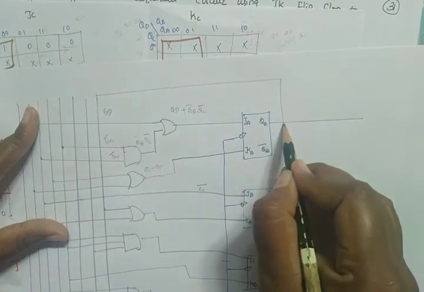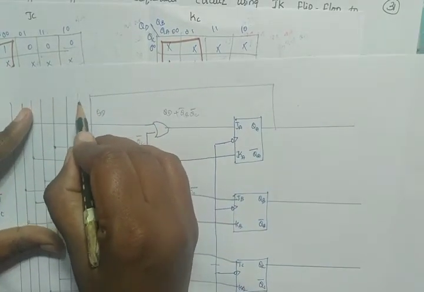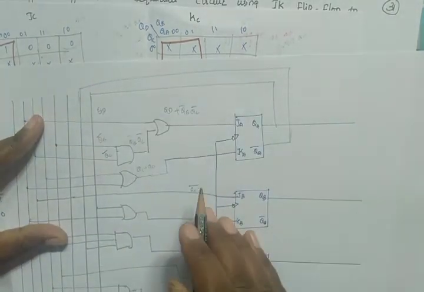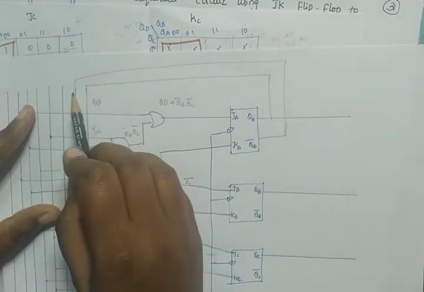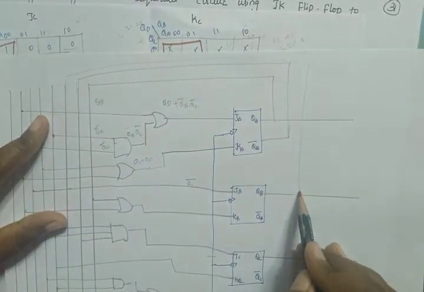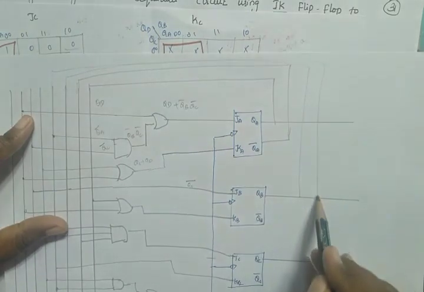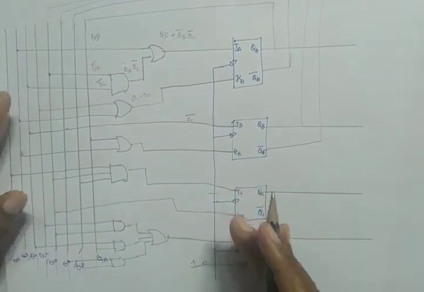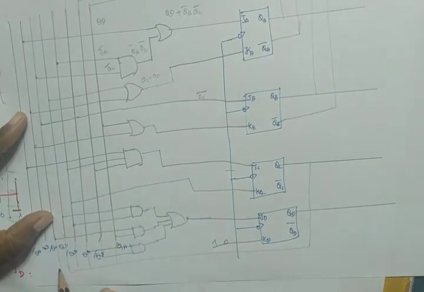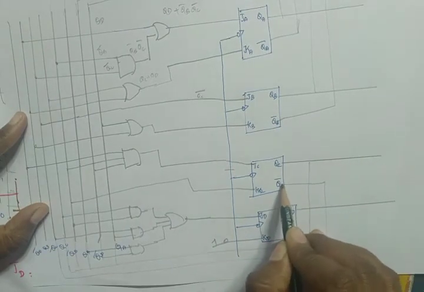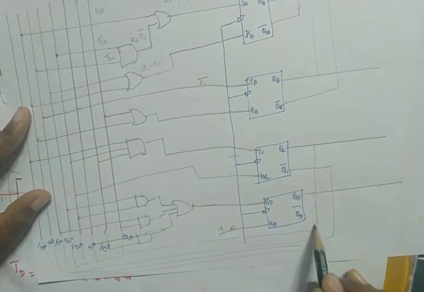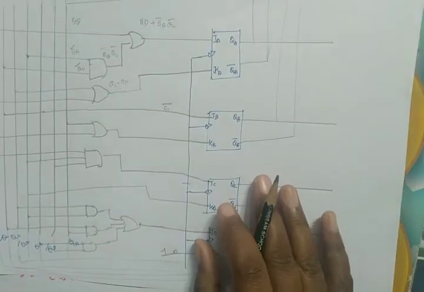Join this QA, then QA bar, then QB, then QB bar, then QC, QC bar, then QD, then QD bar, joining each to the corresponding line.